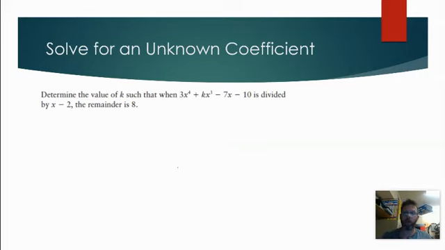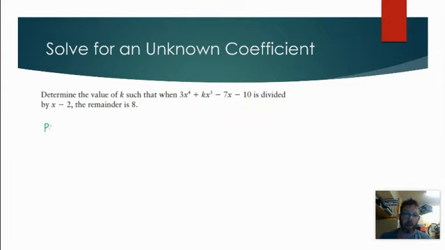We're going to apply our knowledge of the remainder theorem to solve this problem. So here we have a quartic polynomial, but we don't know the coefficient on the cubic term. But we are told when we divide by x minus 2, the remainder is 8. We can use the remainder theorem here.